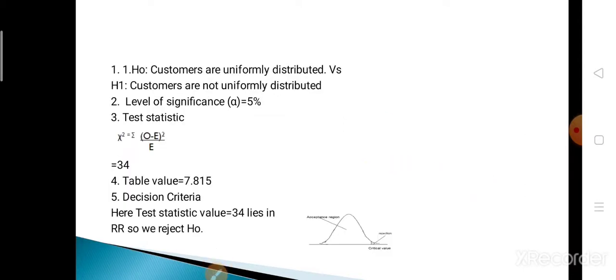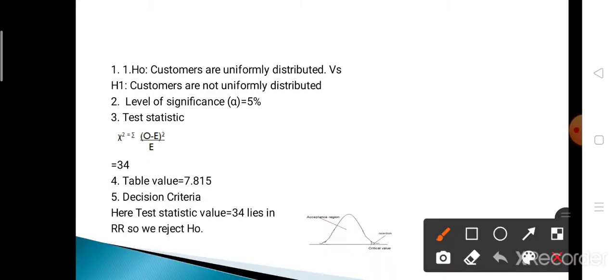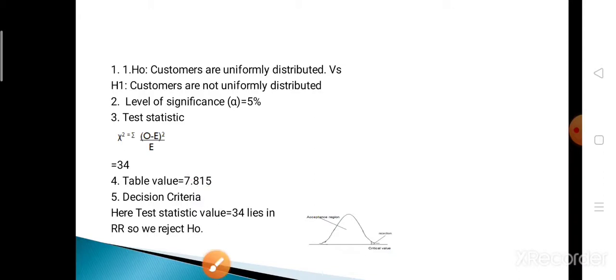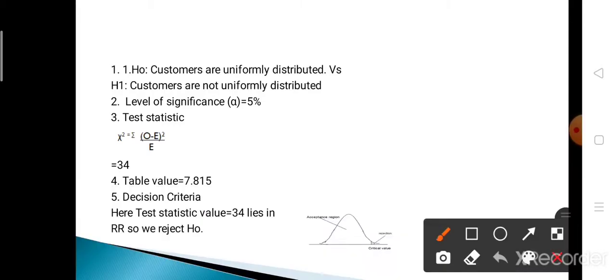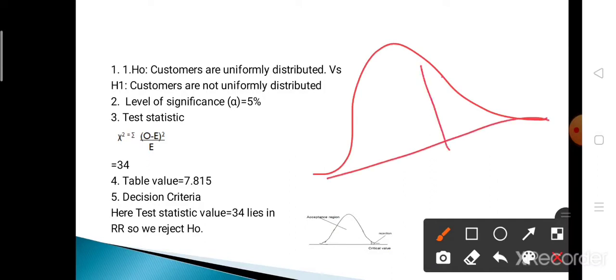Now the fourth step is the table value. The table value given in the example is 7.815. The last step is the decision criteria. The chi-square test for goodness of fit is always a one-sided right-tailed test.